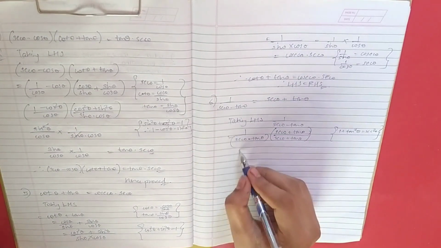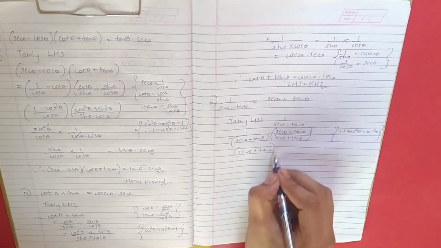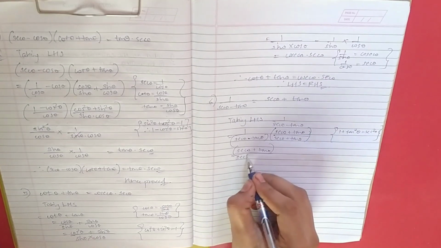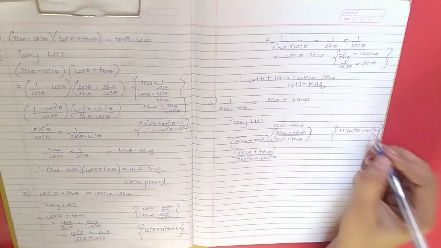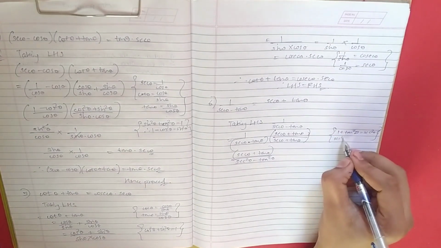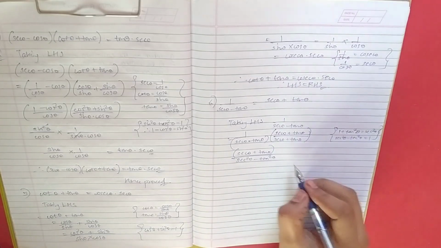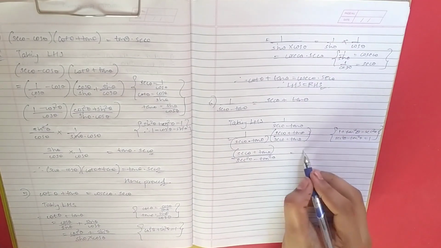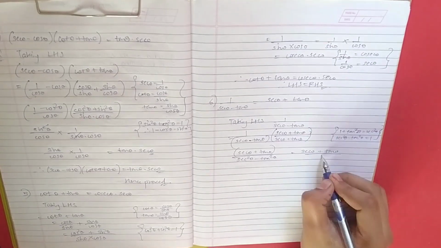So this will be sec theta plus tan theta upon sec square theta minus tan square theta. Now 1 plus tan square is sec square theta. Therefore sec square theta minus tan square theta will be 1. So this will remain sec theta plus tan theta upon 1.